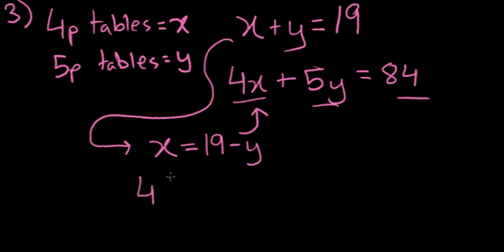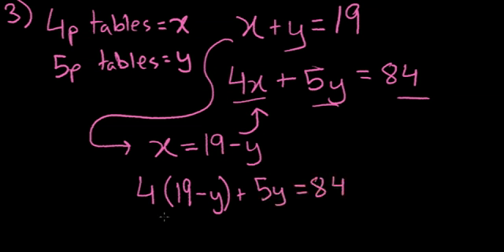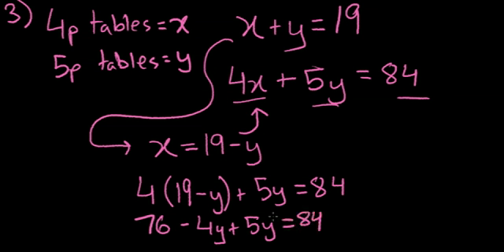So 4 times 19 minus y plus 5y is going to be equal to 84. 4 times 10 is 40. 4 times 9 is 36. Okay, 76 minus 4y plus 5y is going to equal 84. So simplify the y's.